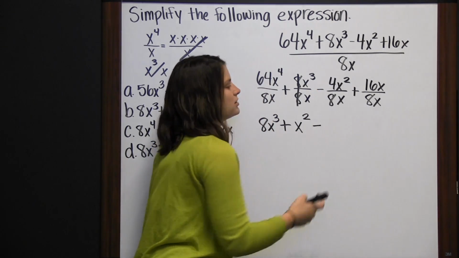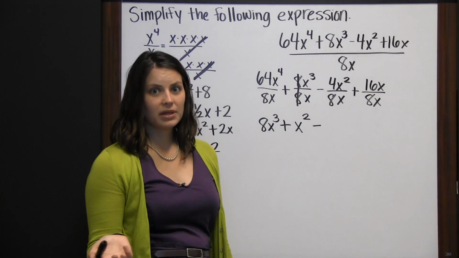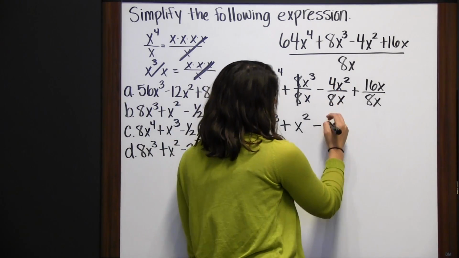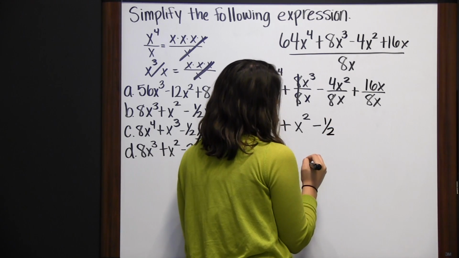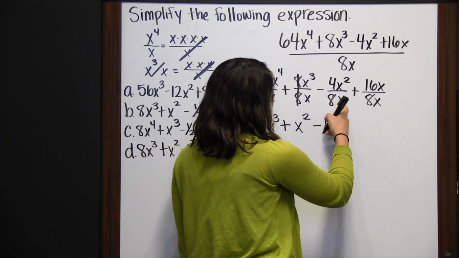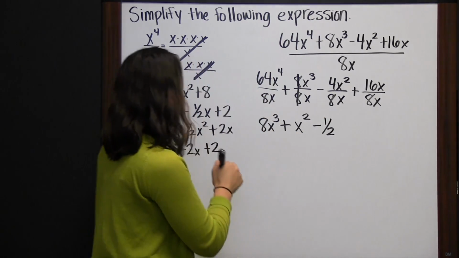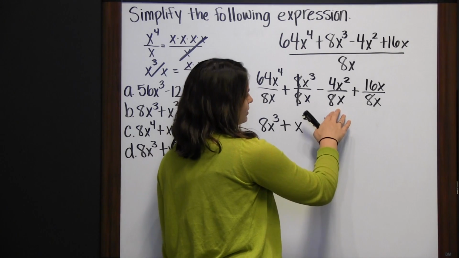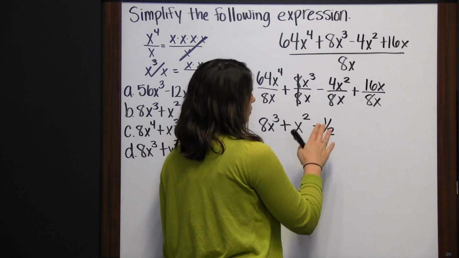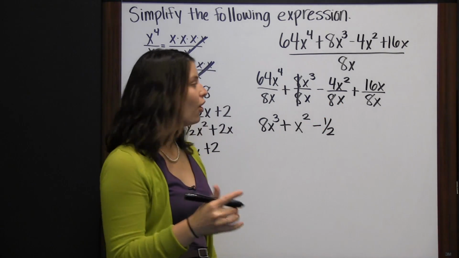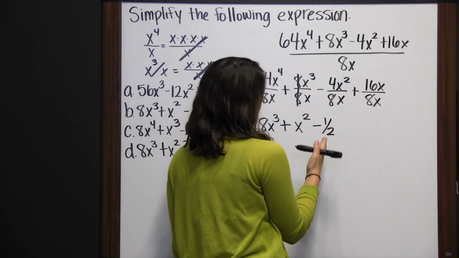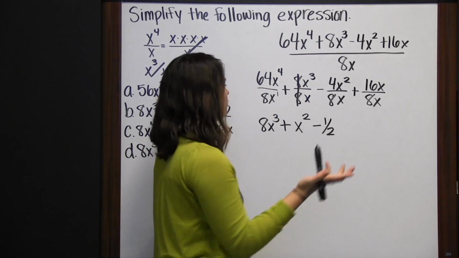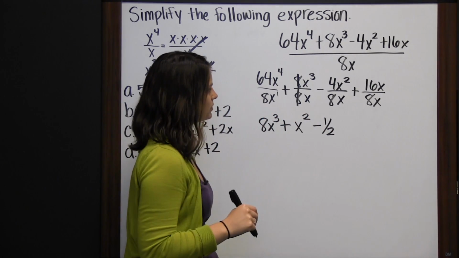Minus 4 divided by 8. 4 can't really be divided by 8, but we can simplify 4/8 as 1/2. And then x squared divided by x. You may have noticed from these two examples before that when we divide by x, or really when we divide at all, what we're doing is subtracting the exponents. So x to the 4th minus x to the 1st, or x to the 4 minus 1, x cubed.